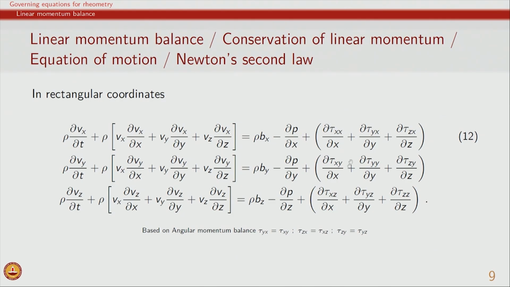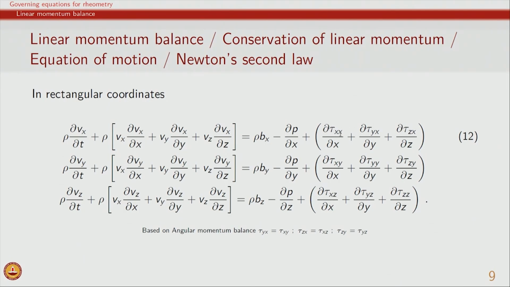And these are the terms which are related to the stress, the divergence of stress, and we can see that given that we are looking at the overall force balance in the x direction, or Newton's second law in the x direction, we have three stresses which contribute, and these stresses are on three different surfaces.